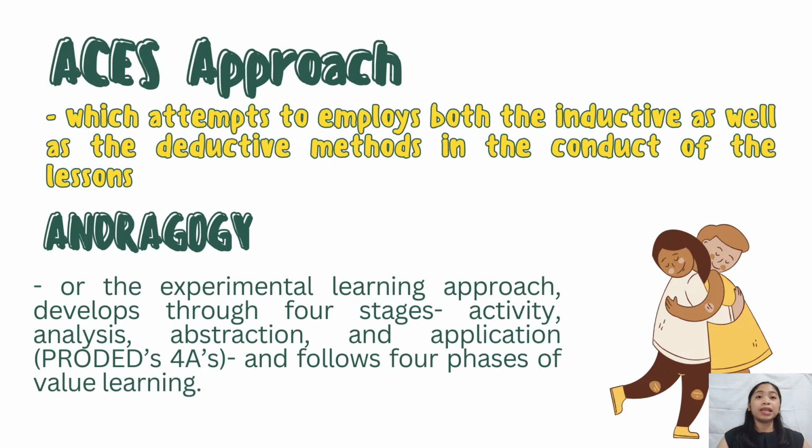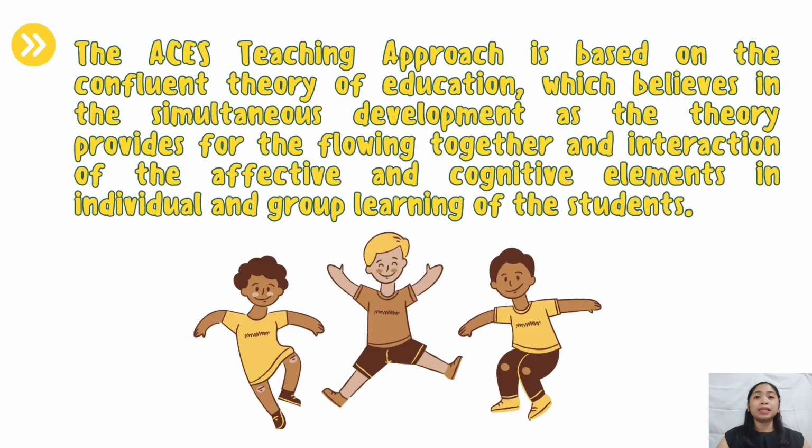Please take note that this approach, the ACES teaching approach, is based on the confluent theory of education, which believes in simultaneous development, as the theory provides for the flowing together and interaction of the affective and cognitive elements in individual and group learning of the students.